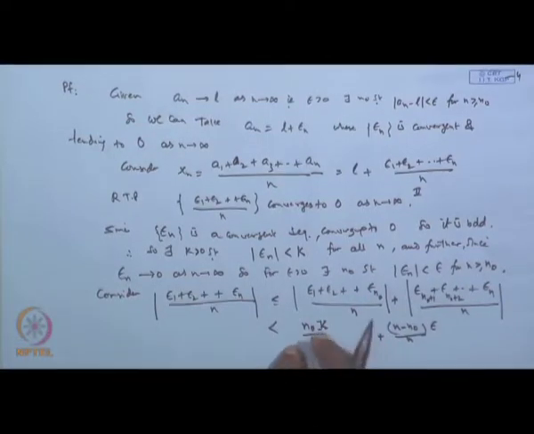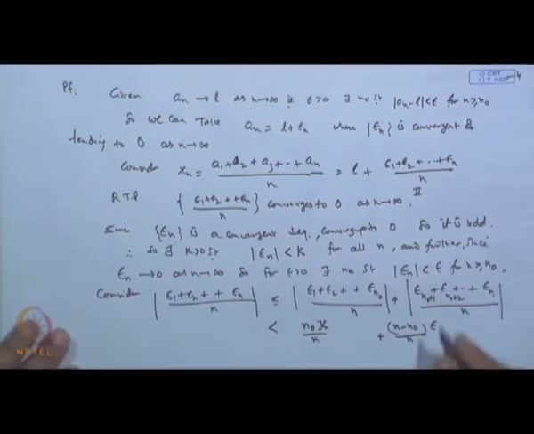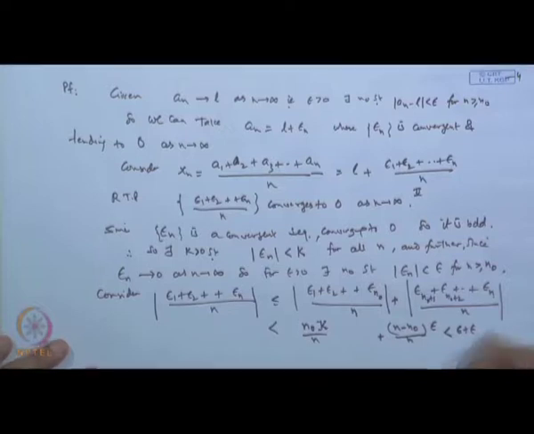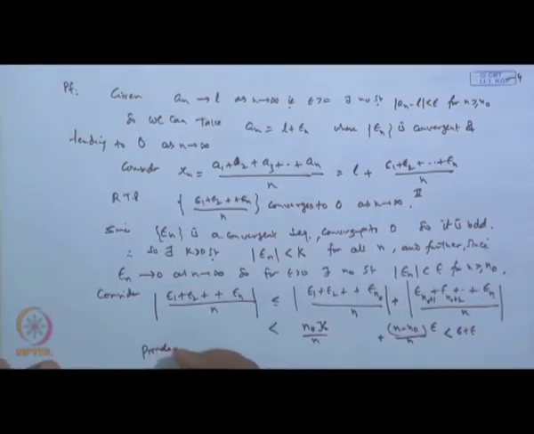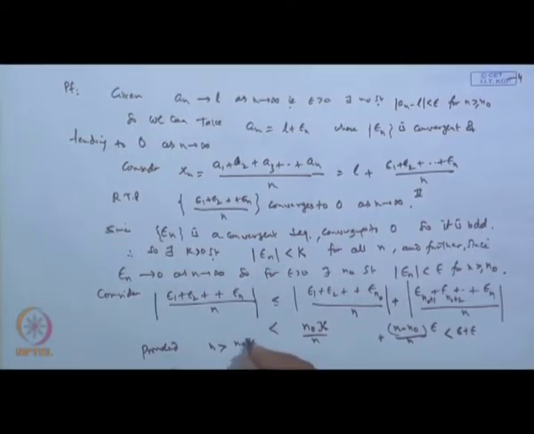Now, n naught and k: n naught is fixed, k is fixed. So, if I take n such that n naught k by n is less than, say, epsilon, then what happens? This is less than epsilon plus epsilon, provided n is greater than n naught k by epsilon.